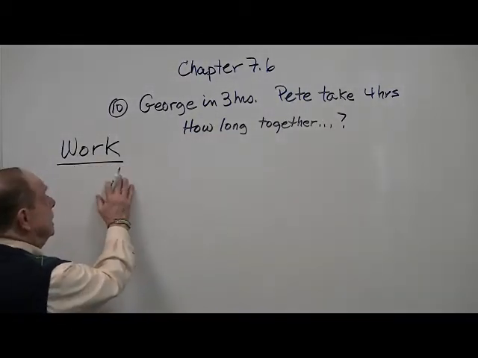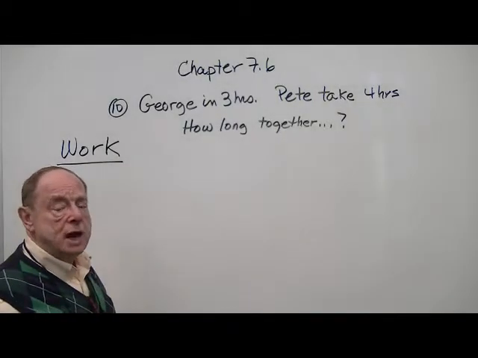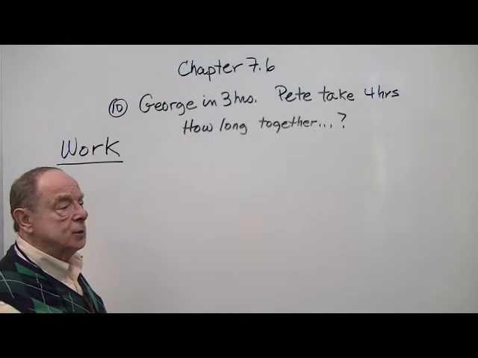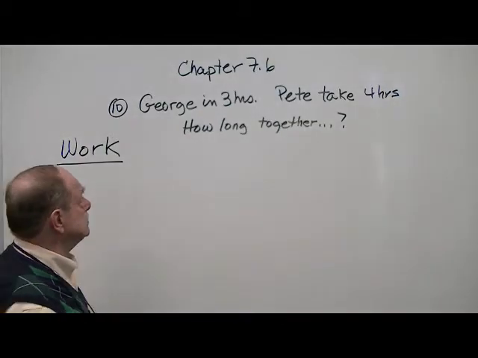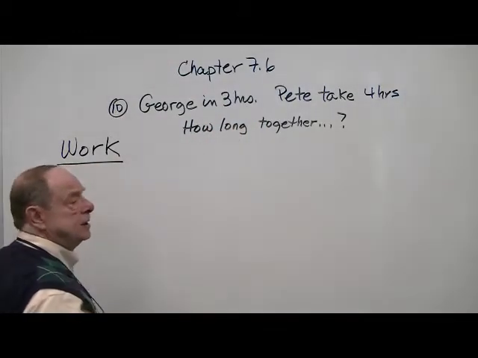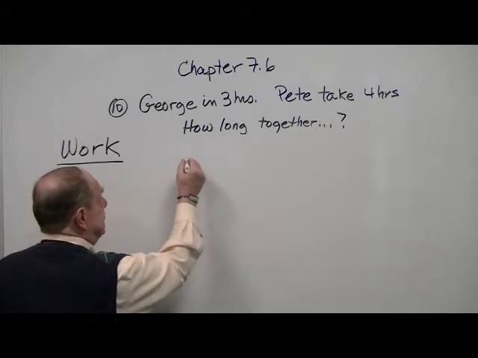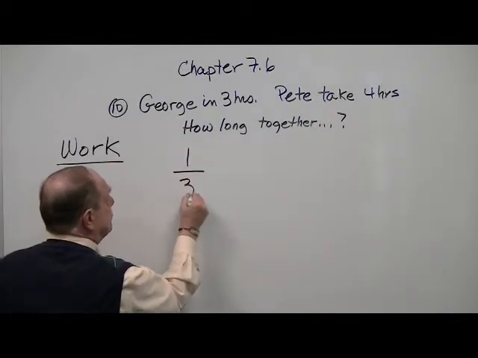So again, they're working, and for this we need to know what the rate of each person is. Now for George, he gets something done in 3 hours, so his rate is 1 over 3.